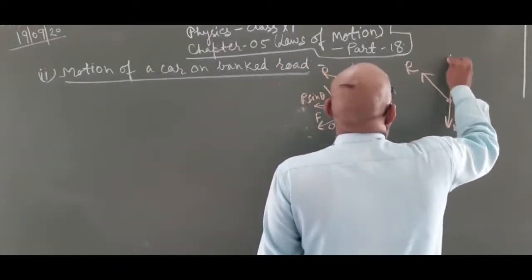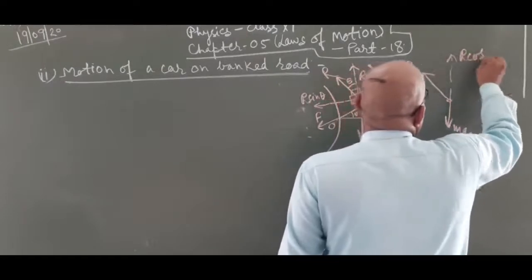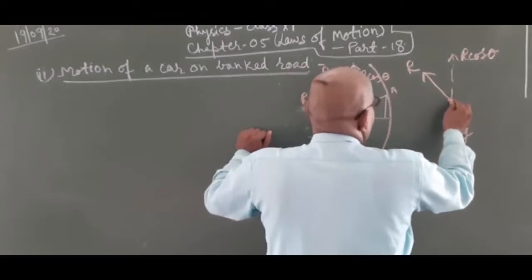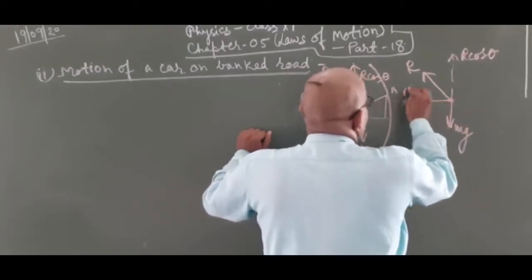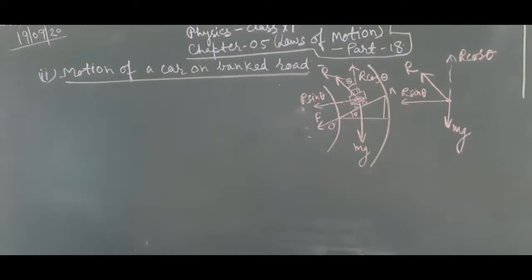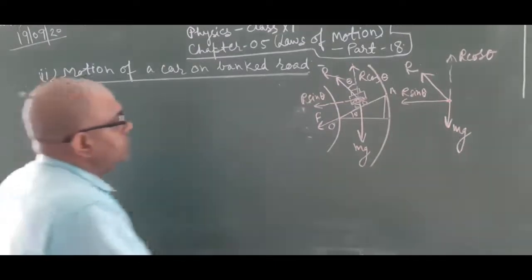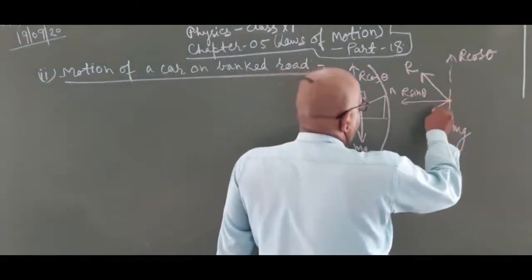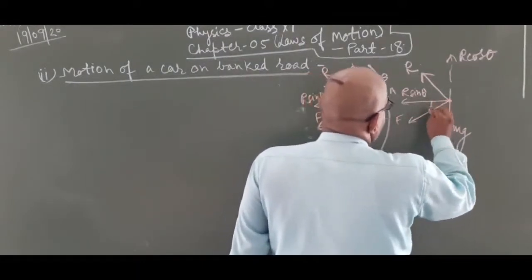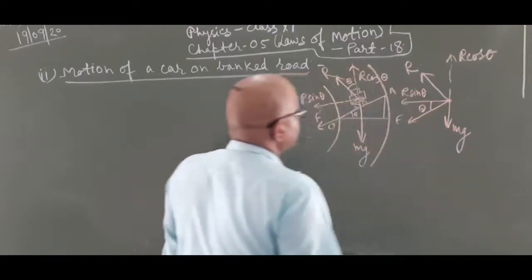This component is R cos theta, and this component is R sin theta. Now the frictional force F, this is OA. This frictional force F is making an angle theta with this.